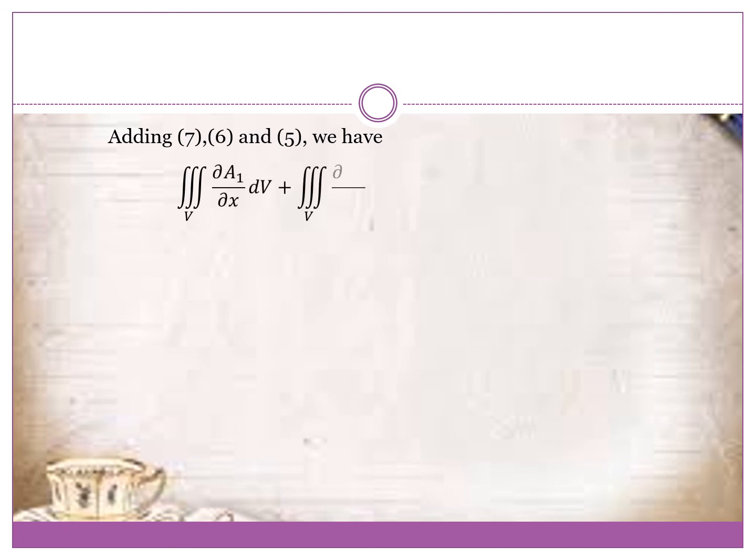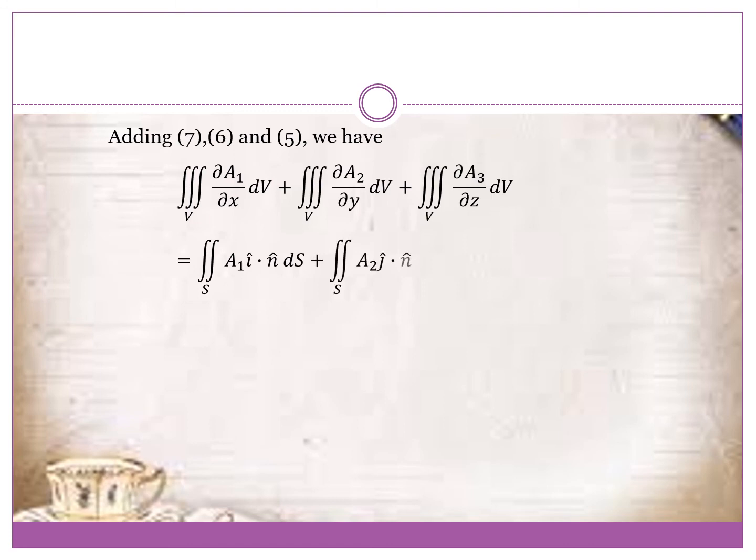So adding 7, 6 and 5, we have the volume integral of partial a1 by partial x dv plus the volume integral of partial a2 by partial y dv plus the volume integral of partial a3 by partial z dv is equal to the sum of these surface integrals on the right hand sides of 5, 6 and 7.